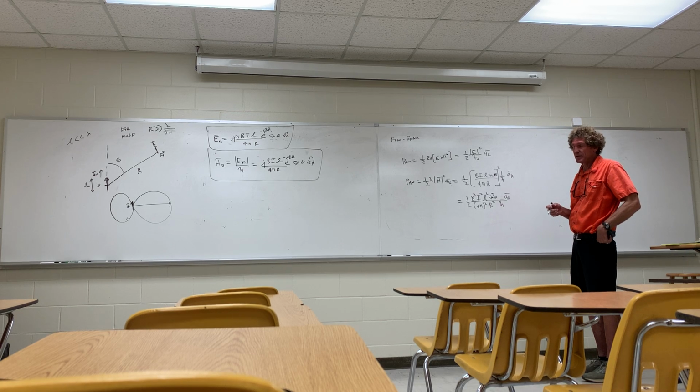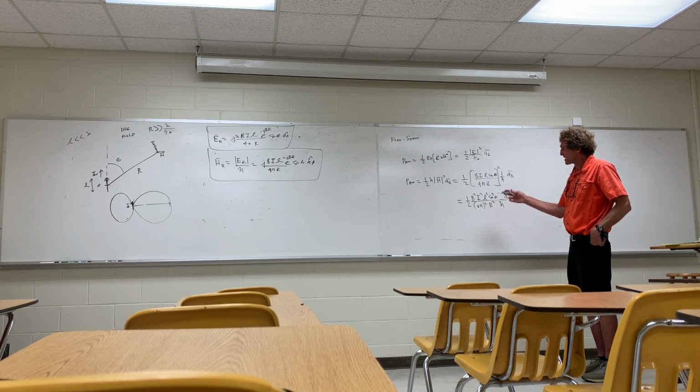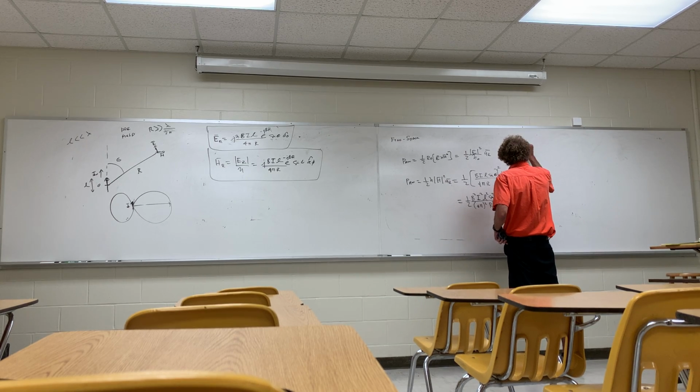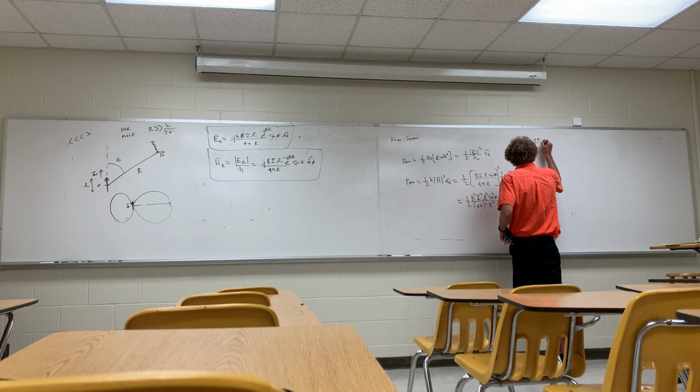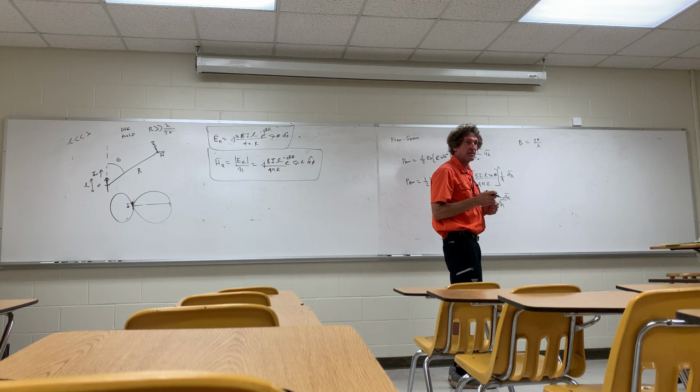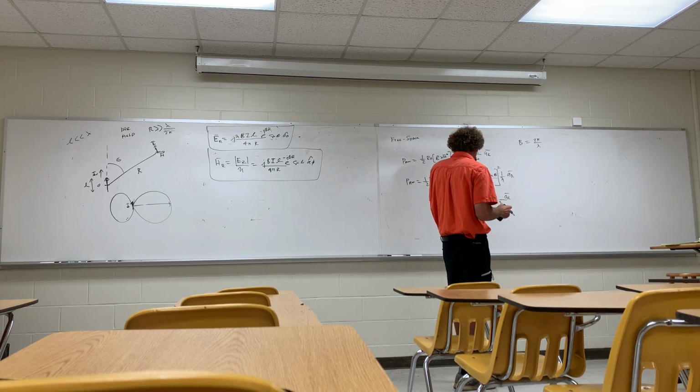Because when I'm teaching EMC or electromagnetic compatibility, what I like to do is turn this into something that has to do with wavelength. So I know that beta is equal to 2 pi over lambda. You all agree with me there? So what I can do is this.